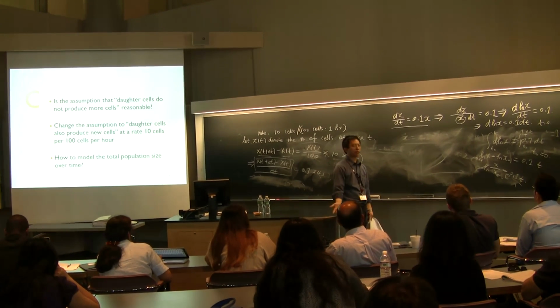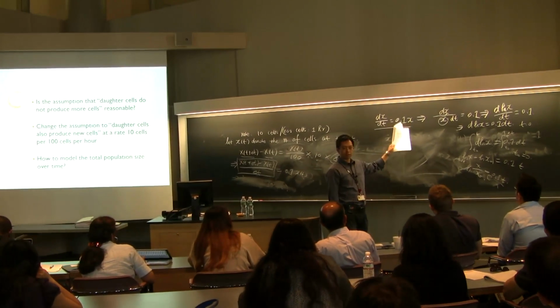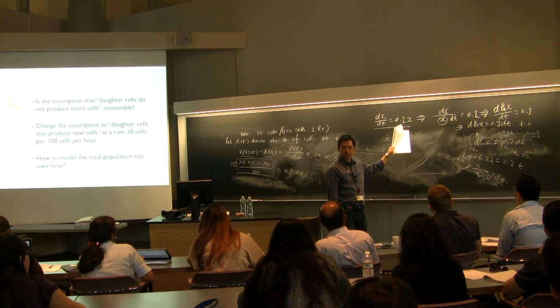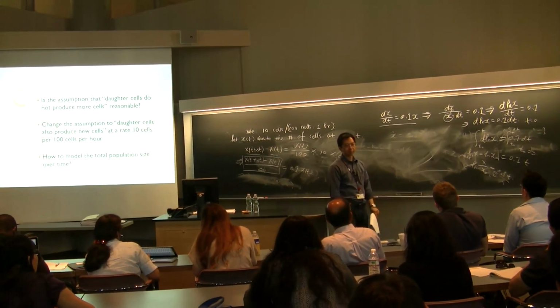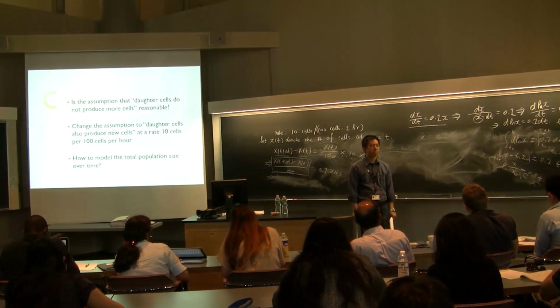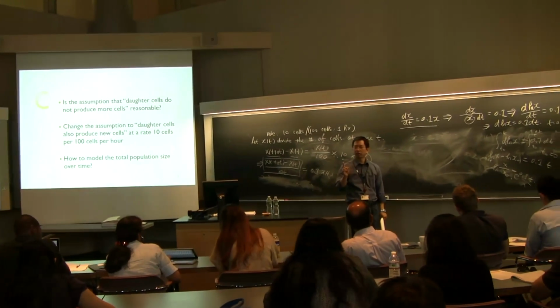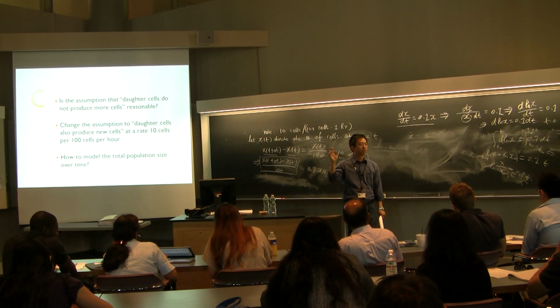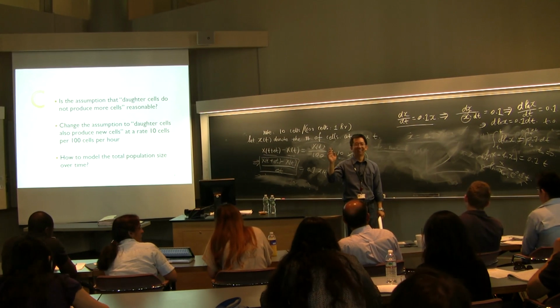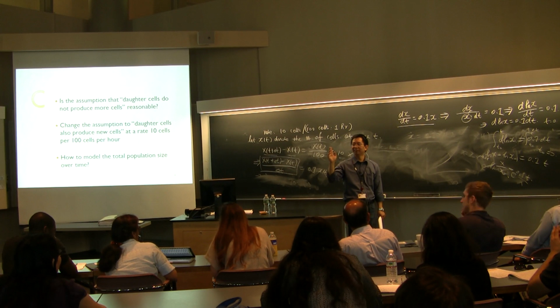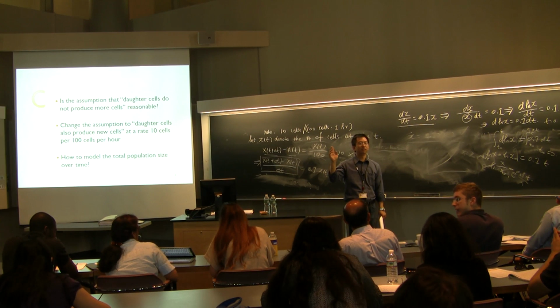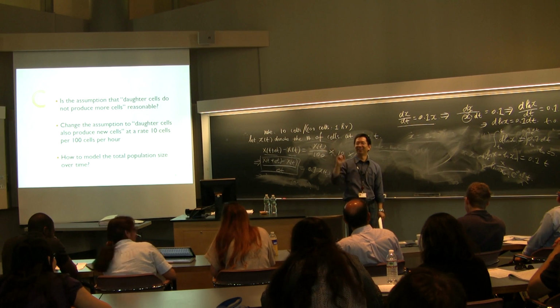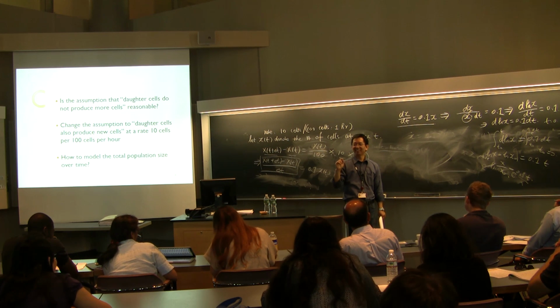For example, can I interpret it this way: 10% of the cells divide per unit time? Is that right? How many will say yes? Don't be afraid. Okay. How many will say no? Nobody says no? Okay, one. How many will say have no idea?